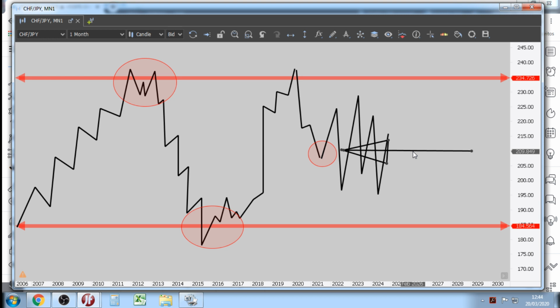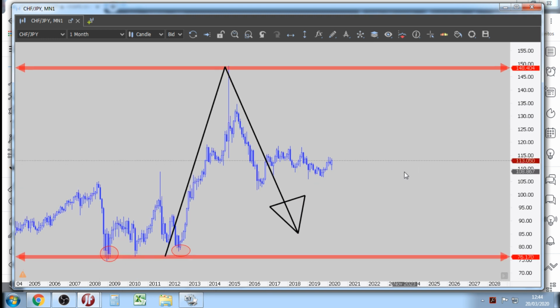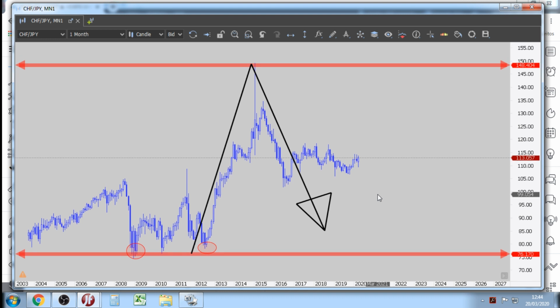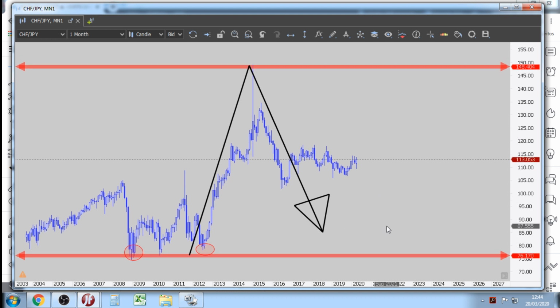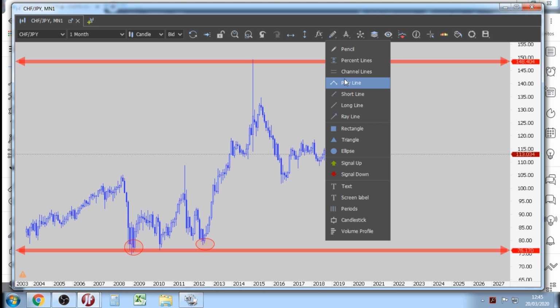Has the lower band not been hit since half of 2016? What currency pair, any? Let me check. 2016. Well, the lower band is at 76.17. Any? CHF JPY, everybody, is in the middle. Stay out.